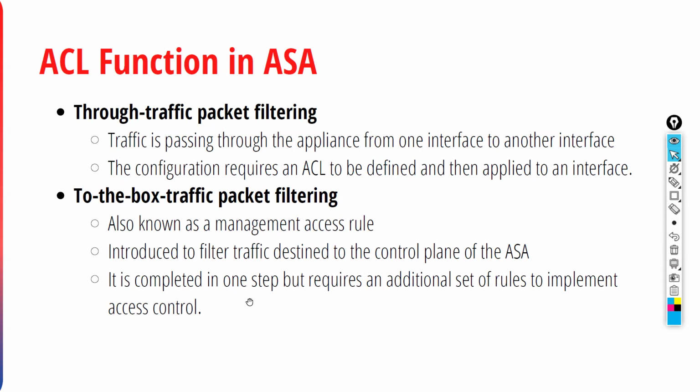That part I'll show you practically in the lab, that these things will not work: you cannot use an ACL to control to the box traffic. We have to go with other, dedicated commands, while through traffic we can control using the ACLs.